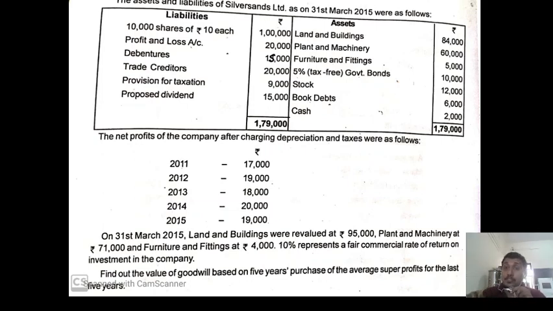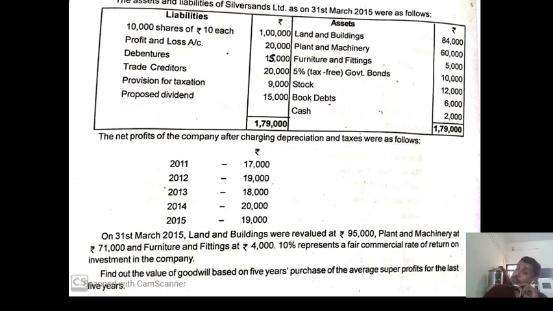So 5% of 10,000 is rupees 500. So this 500 rupees is the return on the investment. This return is a profit which doesn't really belong to this business. As such, from our profits, we must reduce these 500 rupees also.